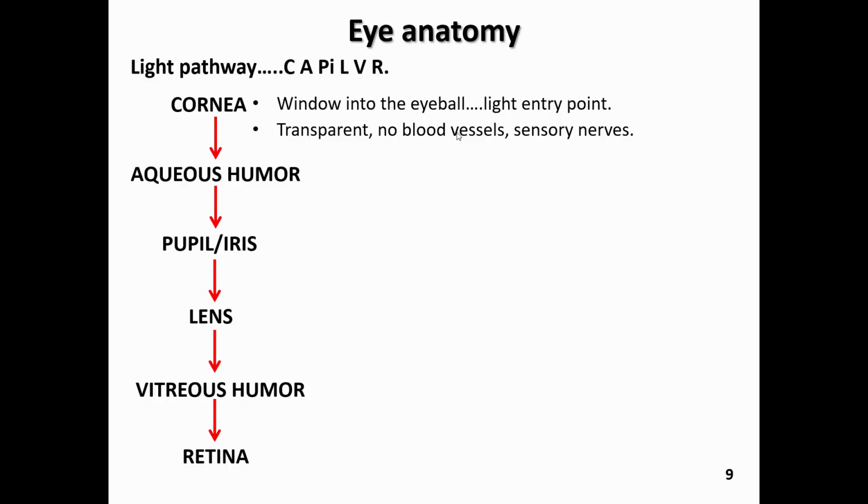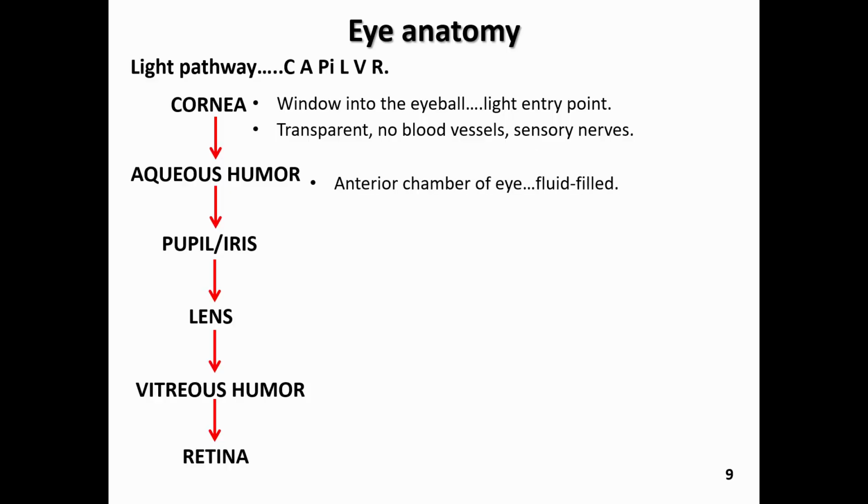There are no blood vessels, and there are some sensory nerves making the cornea aware of any irritants or other items in the air that might contact this portion of the eye, and a person would rub their eye if they felt an irritant.